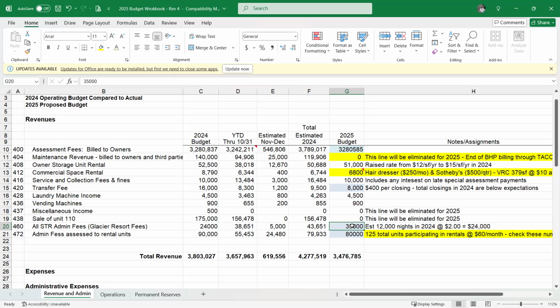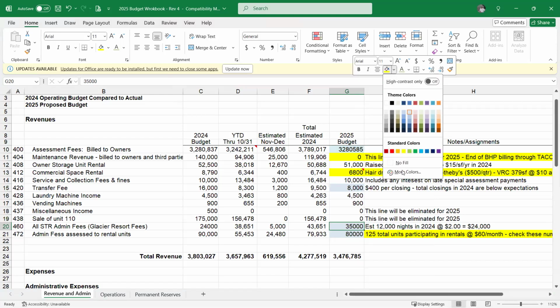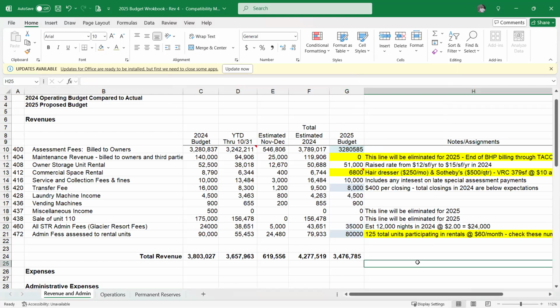Yeah, and that happens. Look at the service and collection fees. That's 6,000 over budget. So it happens. We get surprised sometimes, happily. All right. I'll reach out to Heather. I will tell you in my discussions with Heather, I'm surprised that we're up on this number because my rentals have been down and she says she gets a lot of just last second stuff.